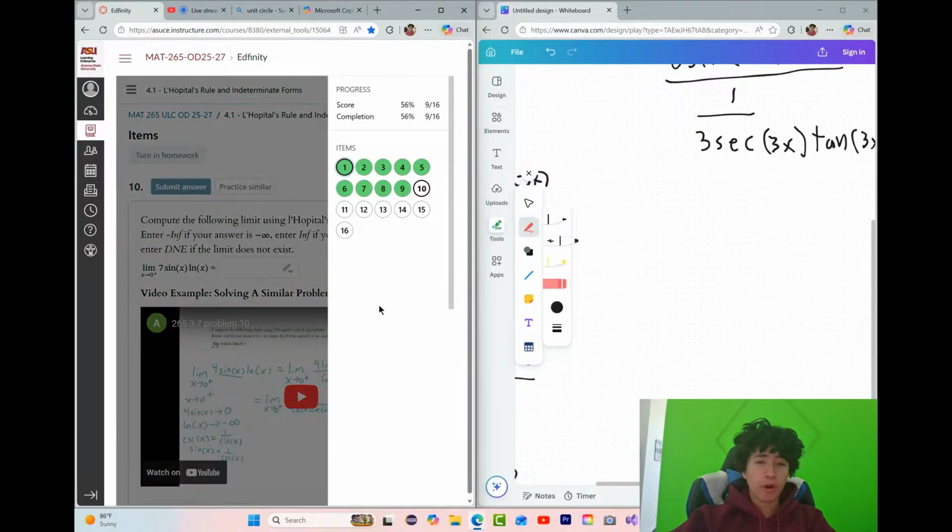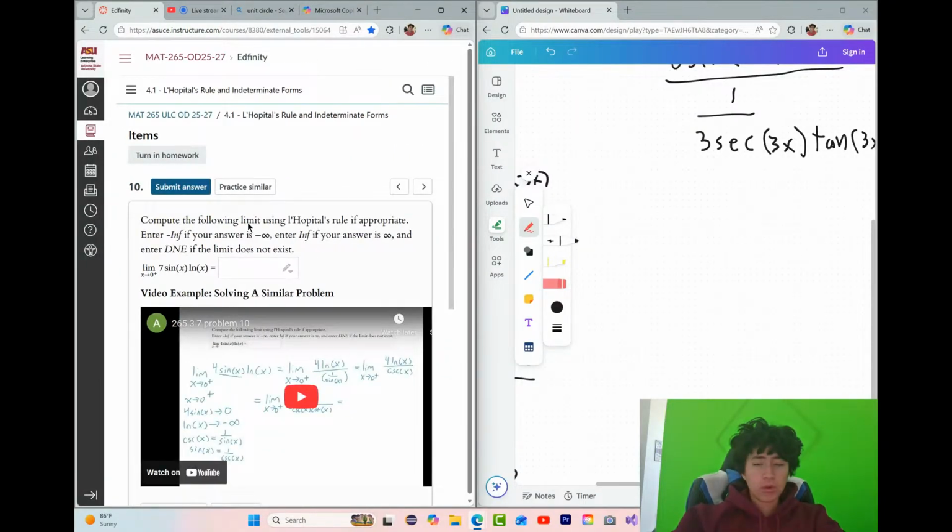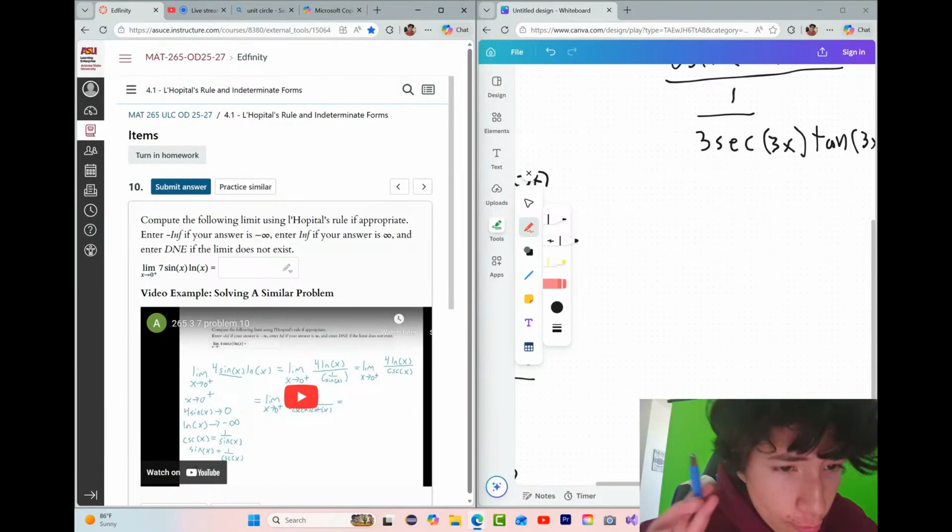We're almost done with our homework. Still got 7 questions left. But we got this. Because we have to compute the following limit using L'Hopital's rule if appropriate.